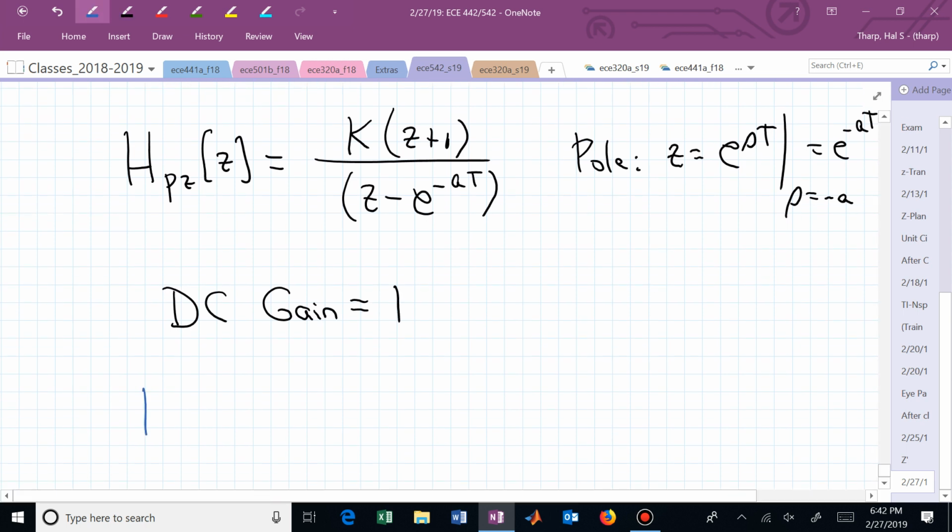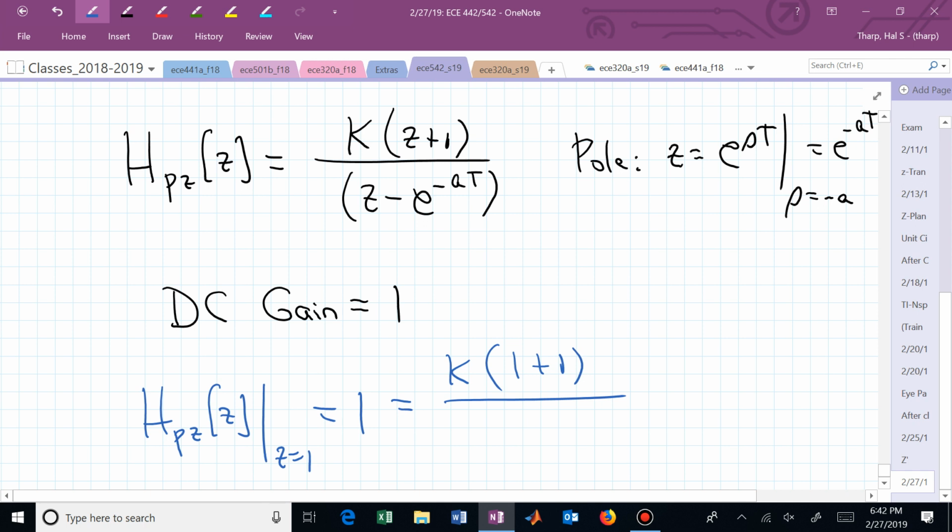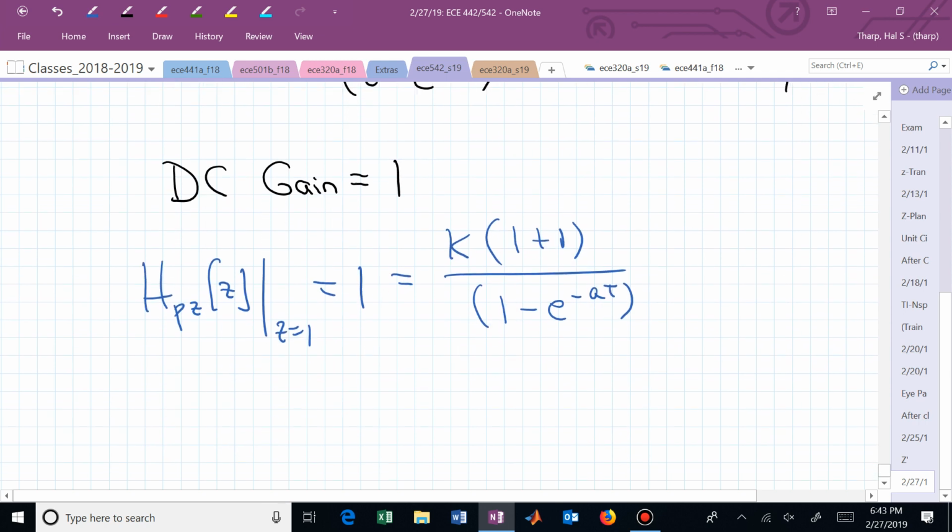Now we say, okay, H of PZ of z, when z is equal to 1, we want that to equal 1, or that's now equal to K. What's upstairs? Well, we're replacing z with 1, so we have 1 plus 1. Downstairs we have 1 minus e to the minus AT. Now we solve that for K. K is now equal to 1 minus e to the minus AT over 2.